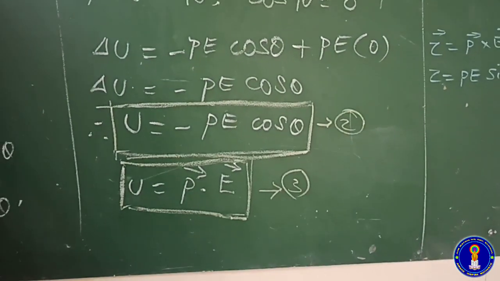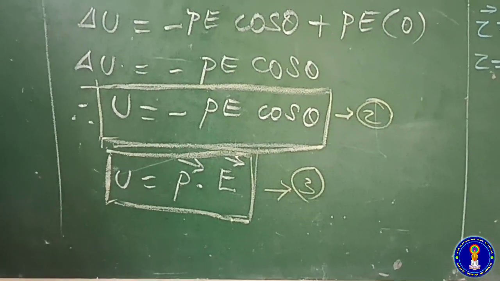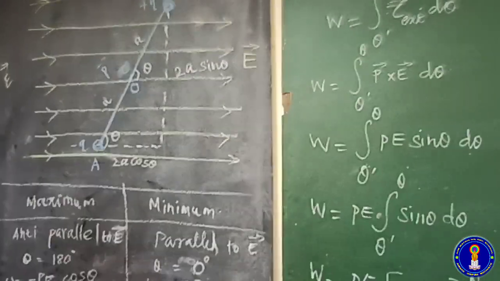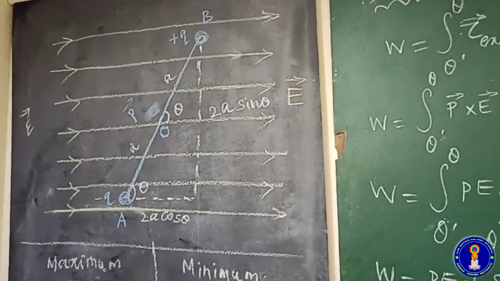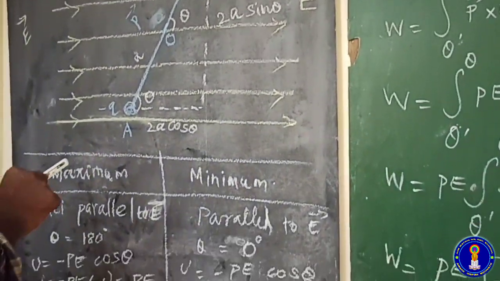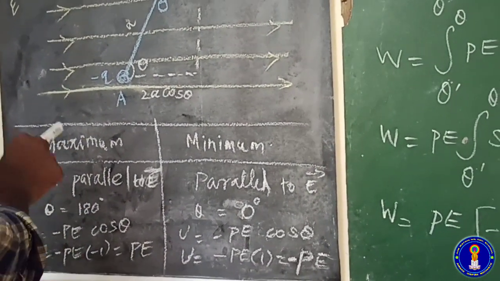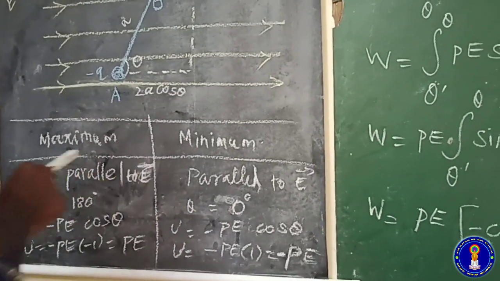So how can we judge whether the electrostatic potential energy is maximum or minimum? See this chart, this is the diagram. Suppose the electrostatic potential energy is maximum. The electrostatic potential energy is maximum when the dipole is aligned anti-parallel to the electric field.